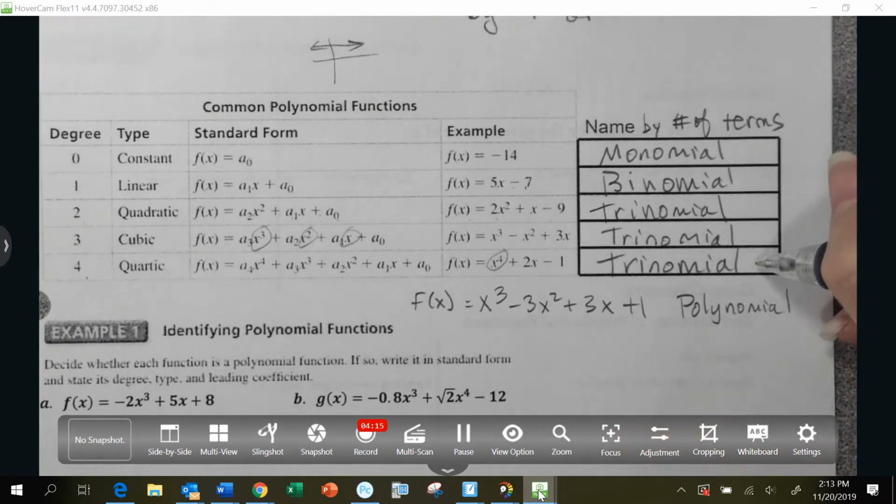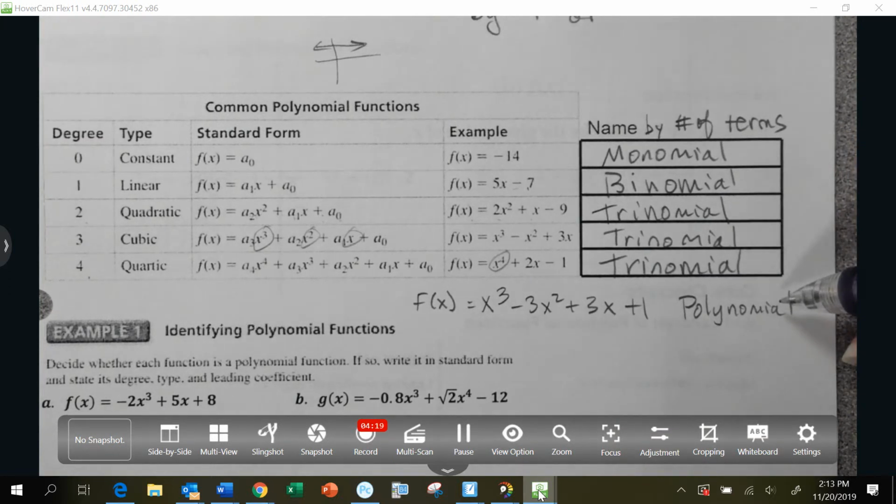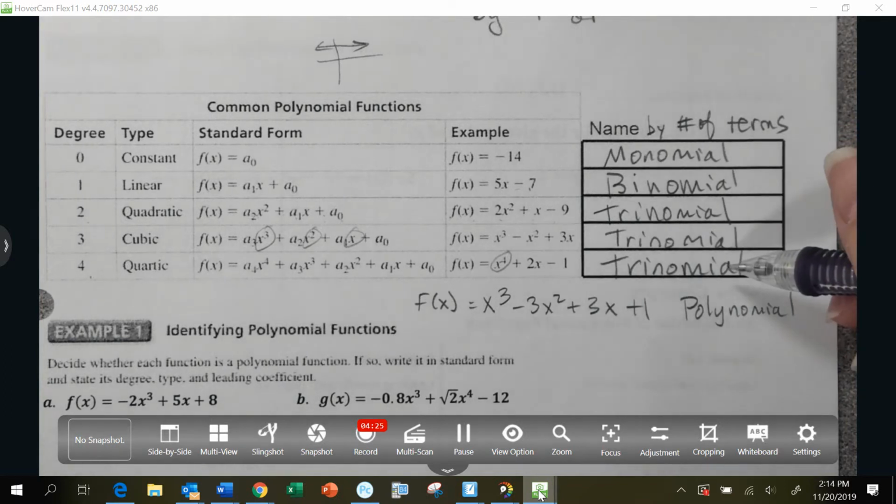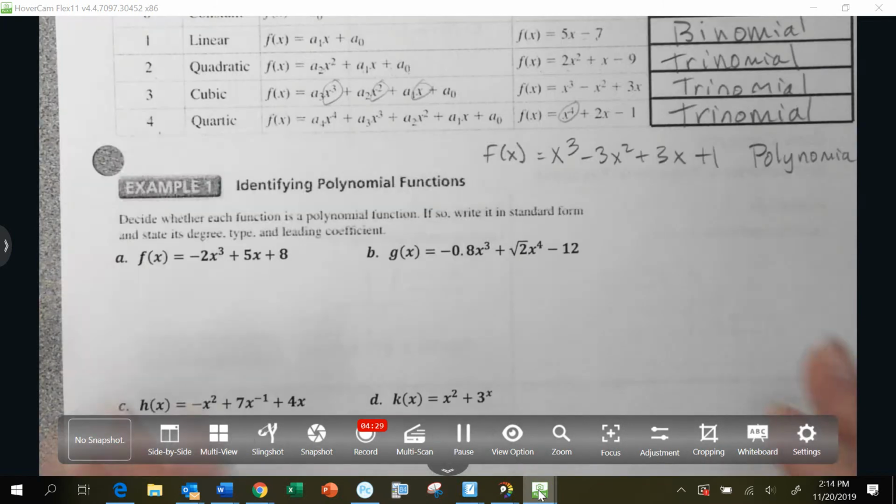After 3 terms, they stop being special and we just call them all polynomials. If they're 2 terms, binomials, trinomials for 3 terms. But after that, I'm just going to call you a polynomial. You have too many terms.